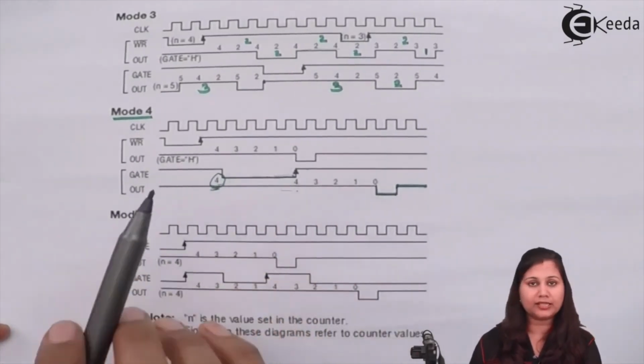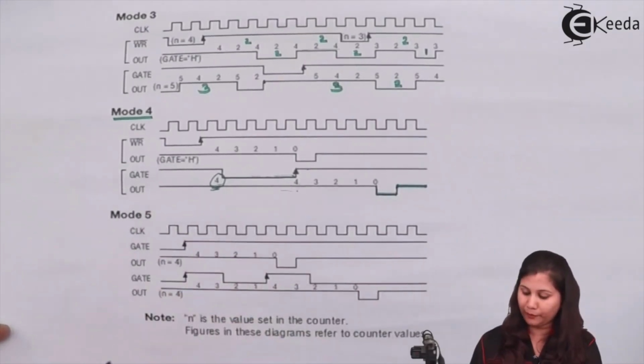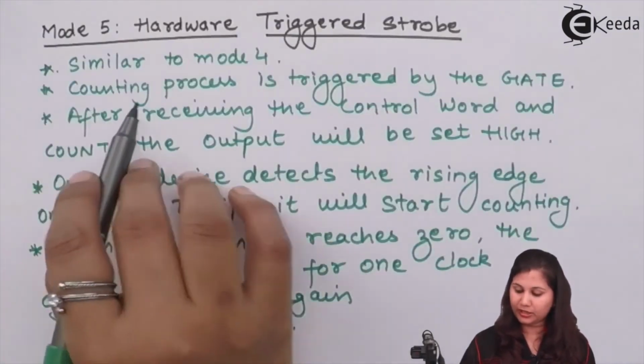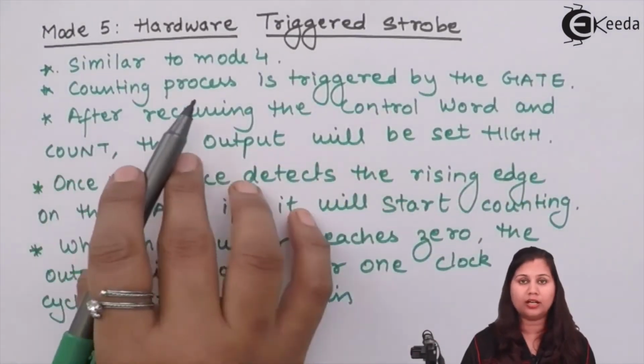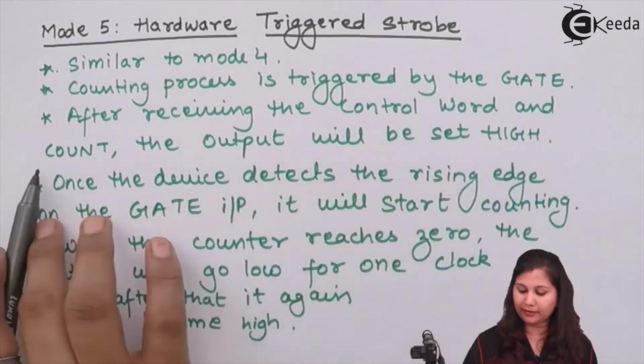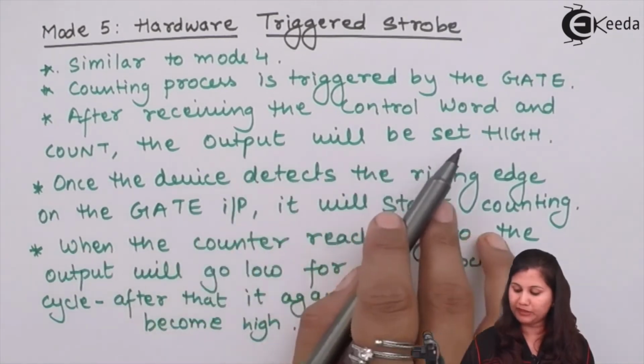But in mode 5, the triggering is done by the gate signal. The gate signal is used to trigger the counting process, and after receiving the control word and the count value, the output will be set high.